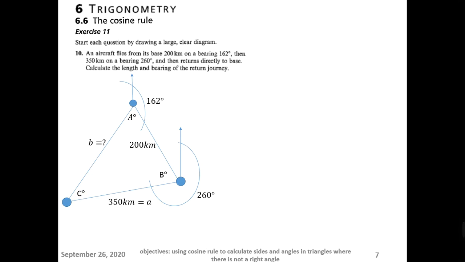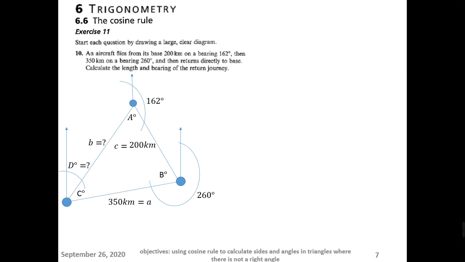This is angle C, and the opposite side to it is the 200 kilometers, so this is small c. And we must draw the north from our third destination here, and this is angle D, which is unknown, and that is the bearing of the return journey.